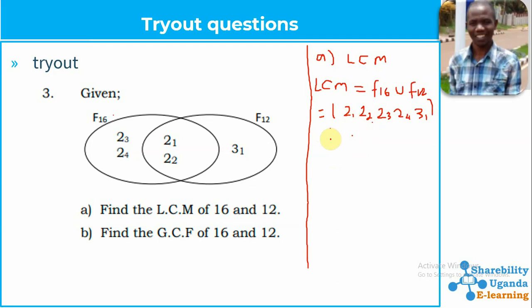Let's have an overview of how we get these numbers, the 2^1, 2^2 and 2^3. This is by using our prime factorization. Let's say we have 16. We are going to use the factor tree method.